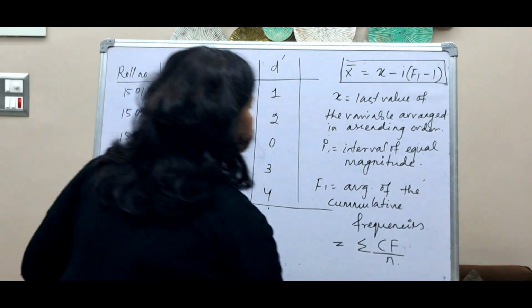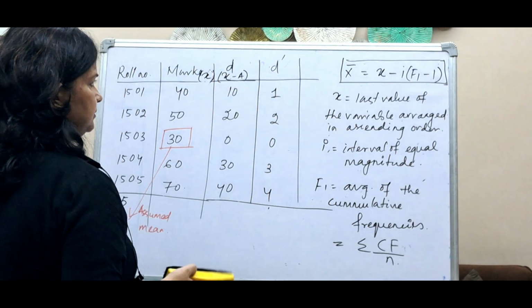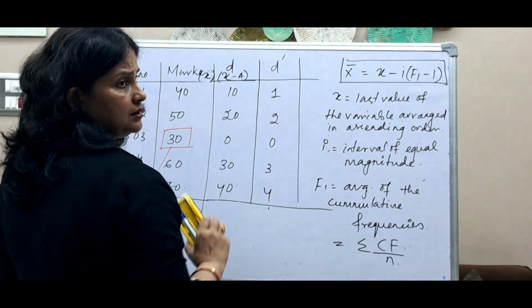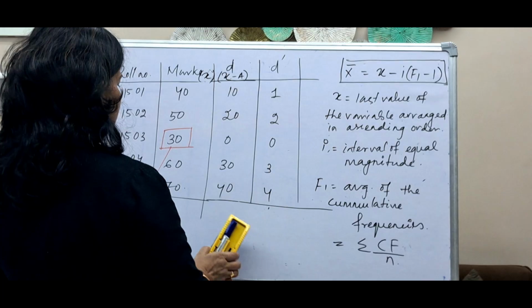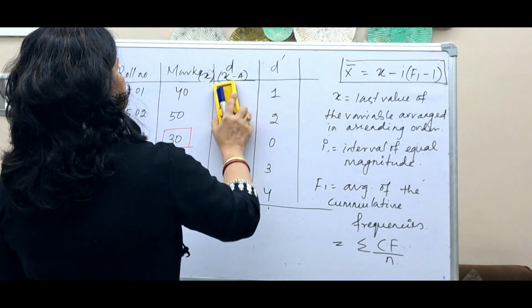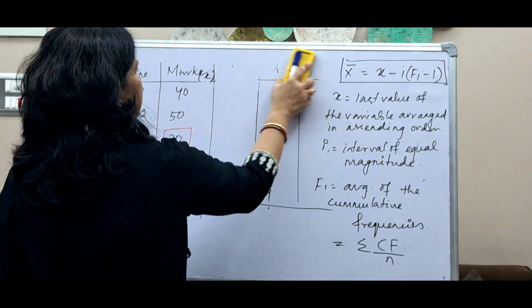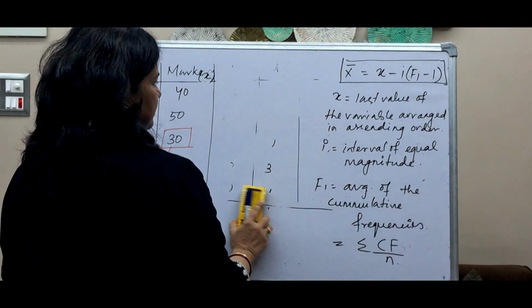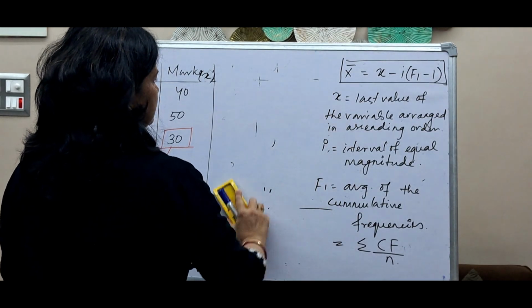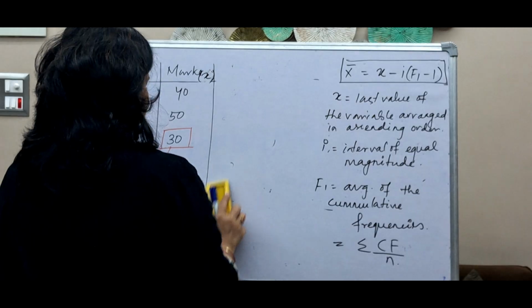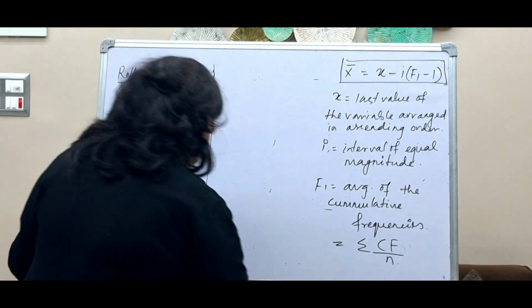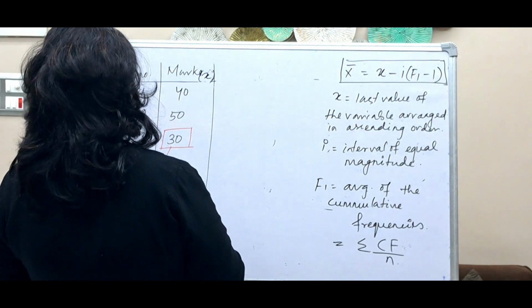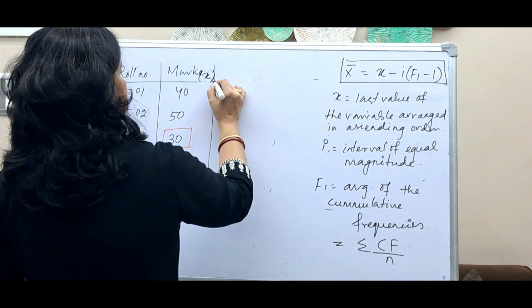So let us discuss how we get the mean by applying the shortest method. First, we need to arrange the table in ascending order because we have to find the last value. So let's arrange it in ascending order.